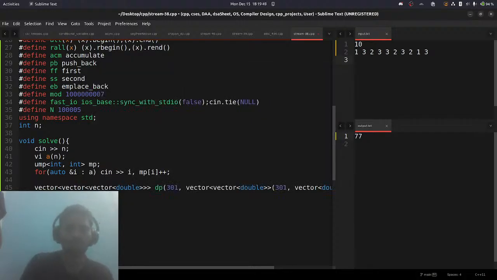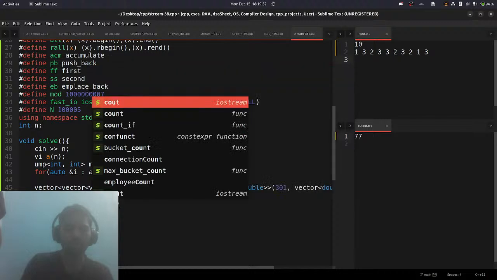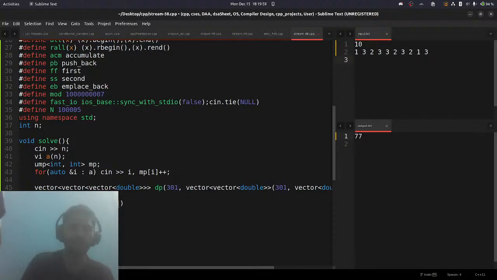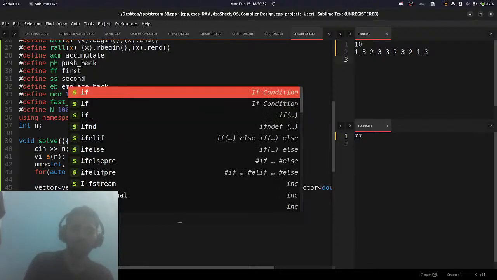of course from 0 to the count, for i is equal to 0, i less than equal to mp 1, i plus plus, for int j is equal to 0, j less than equal to mp 2, j plus plus, for int k is equal to 0, k less than equal to mp 3, k plus plus, and we'll put the base case here.